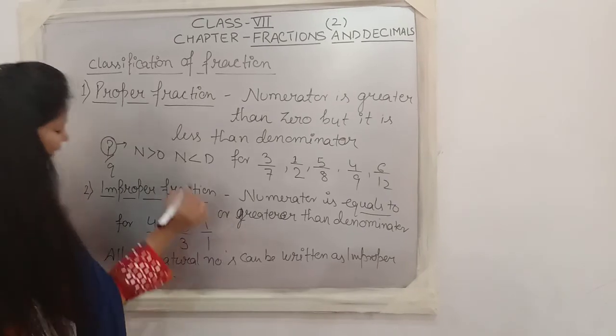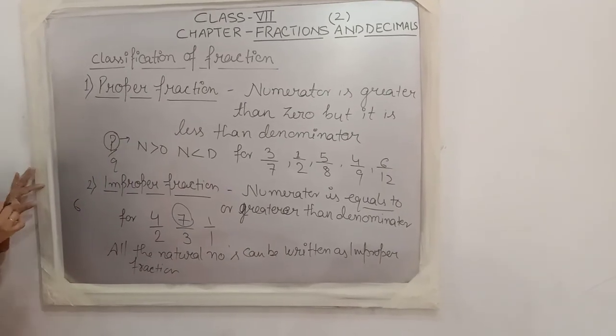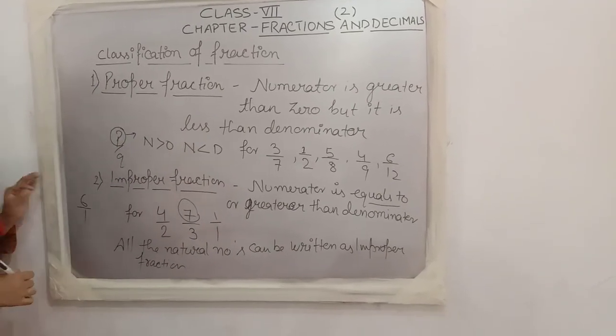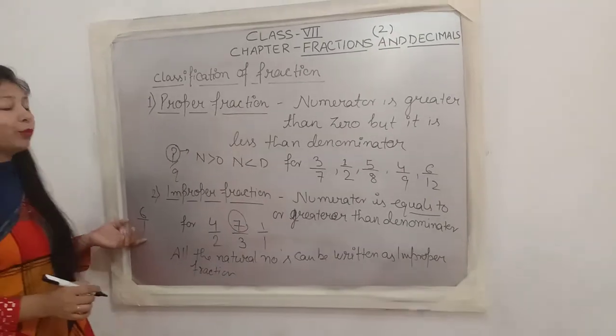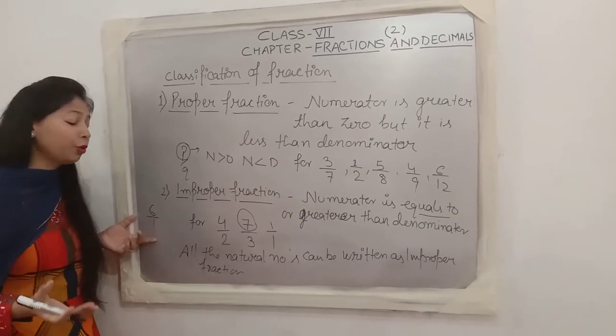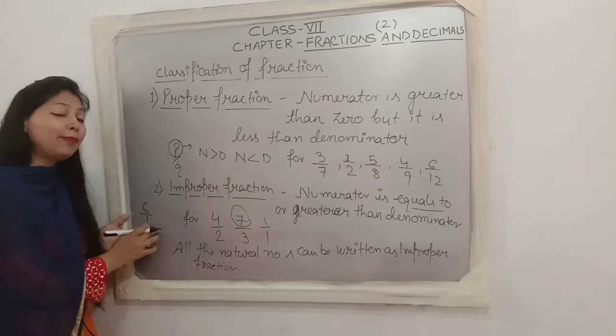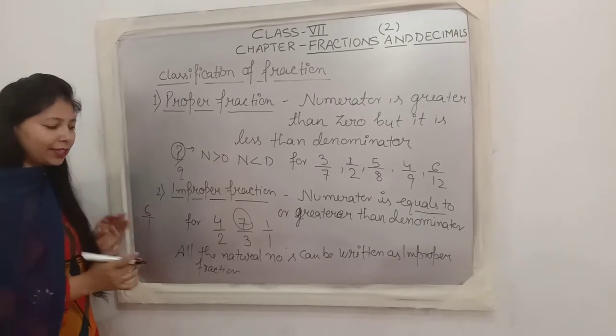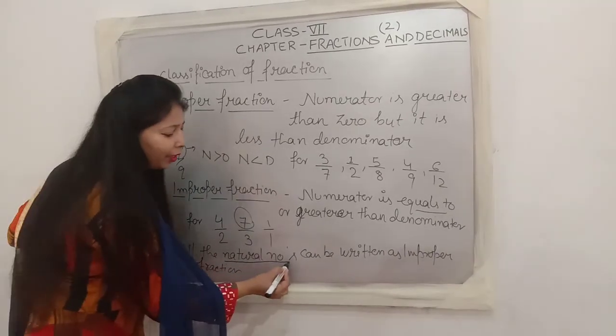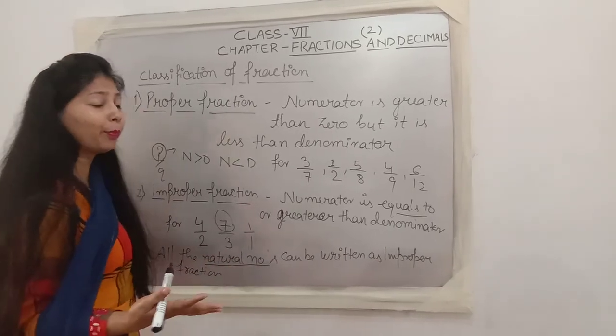For example, I write 6. 6 is a natural number. It can be written as 6/1 because dividing by 1, the number is again equal to 6. But this is an improper fraction. So we can say that every natural number can be written as an improper fraction.